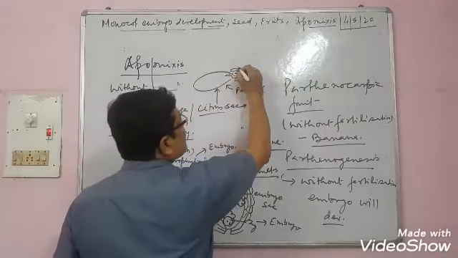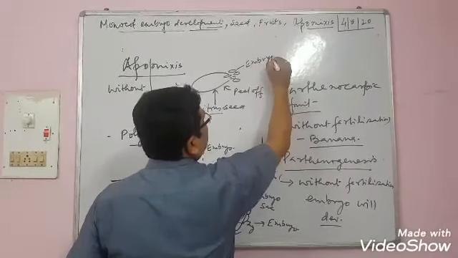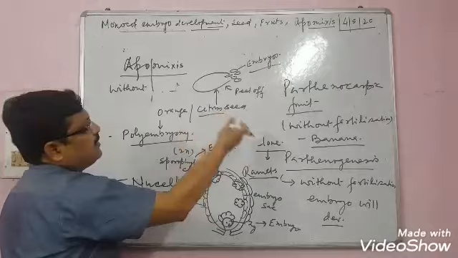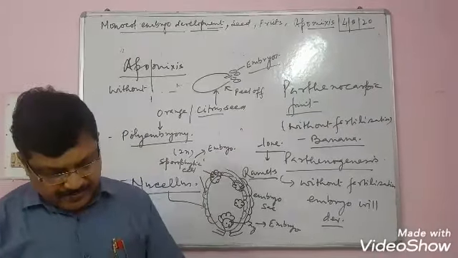These are the embryos. So polyembryony takes place in citrus.